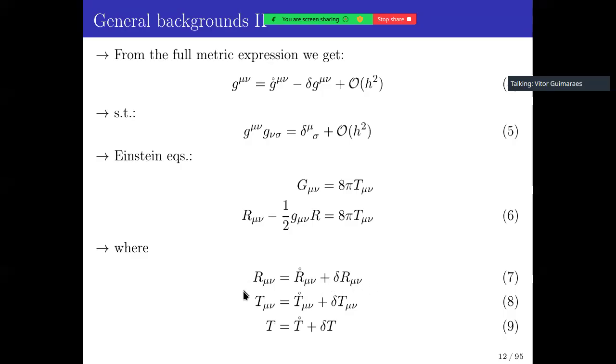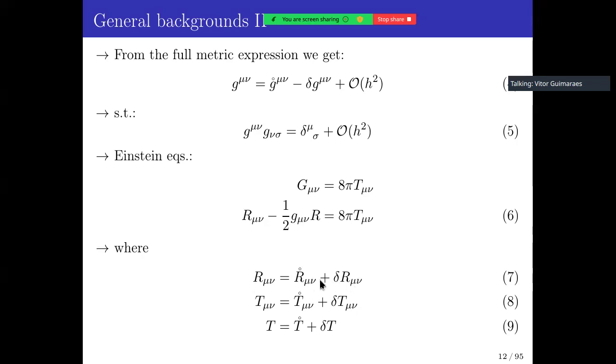To understand who these are, we're going to have to do the same thing we did in yesterday's lecture, which is to plug the full metric into the Christoffel symbols, then the Riemann tensor, then the Ricci tensor, and then separate the objects with this ring from the objects without it.